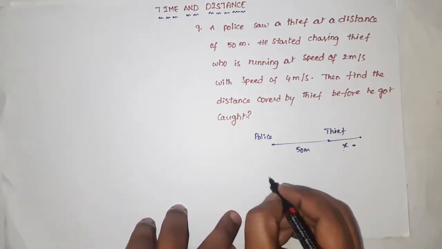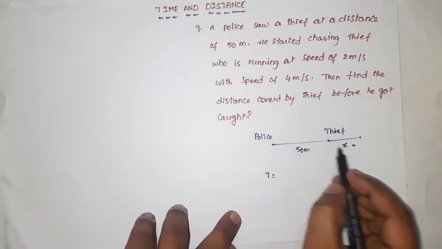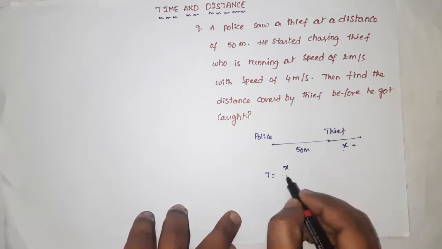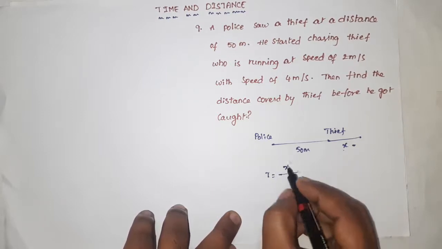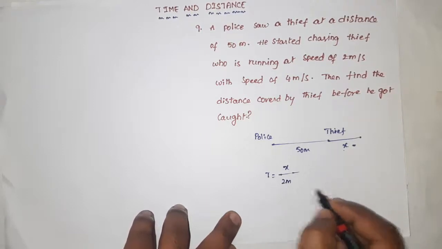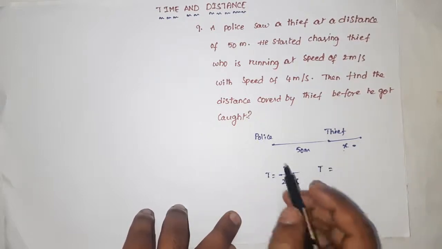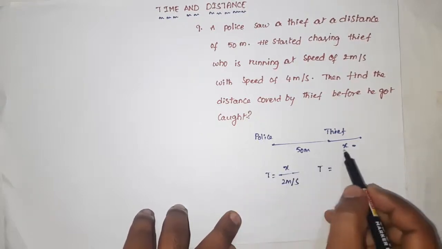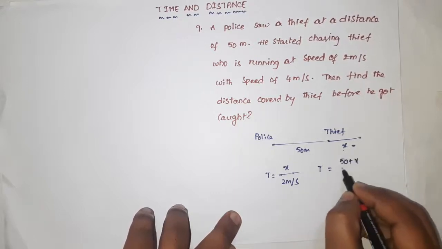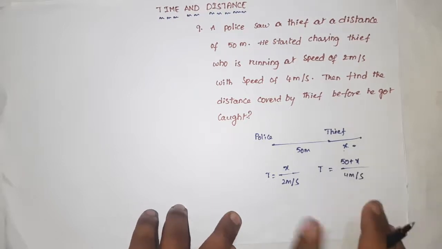So let us write down the equation for time. If the thief covered x meters, the time taken to cover x meters is x divided by the speed, 2 meters per second. Similarly, for the police, what is the distance covered by the police? It is 50 meters plus x. So 50 plus x divided by the speed of the police, 4 meters per second.